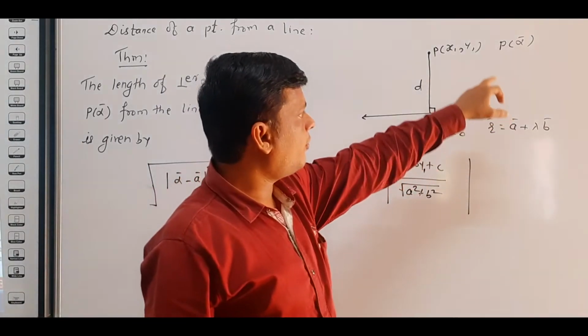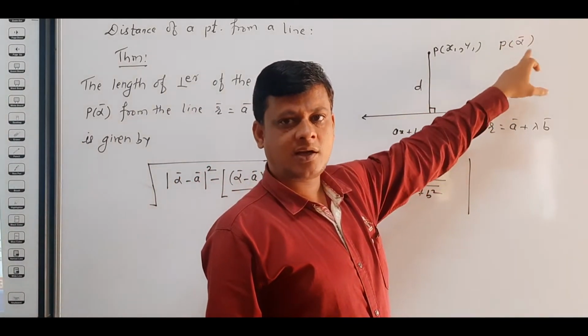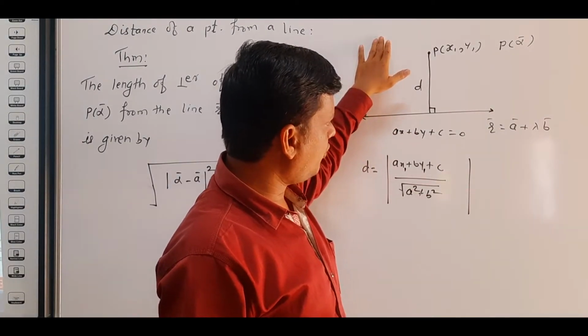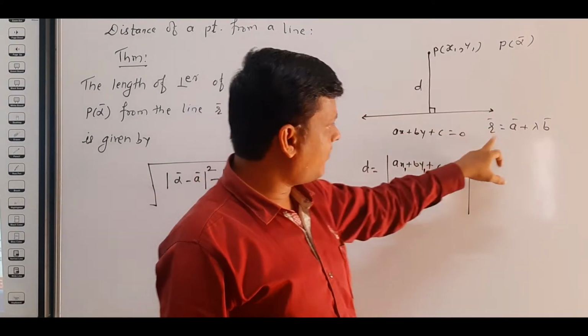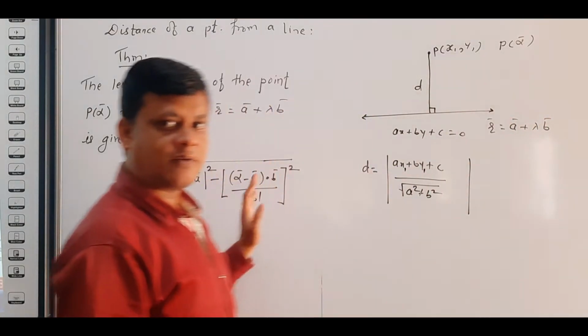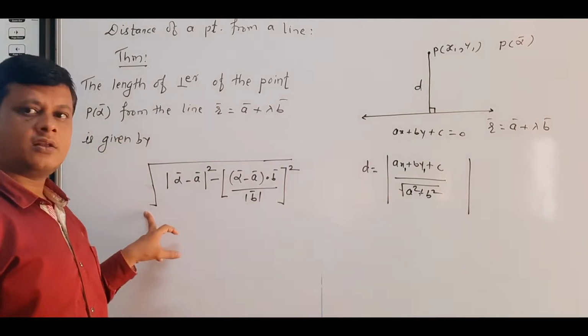So here point P with position vector alpha bar is given. The distance from the line r bar equals a bar plus lambda b bar we have to find, and we find it by using this formula.